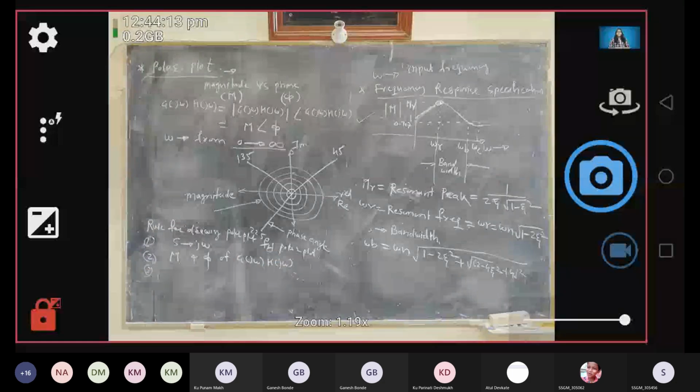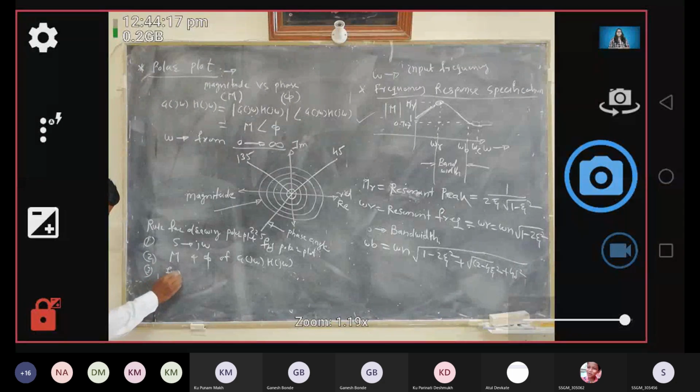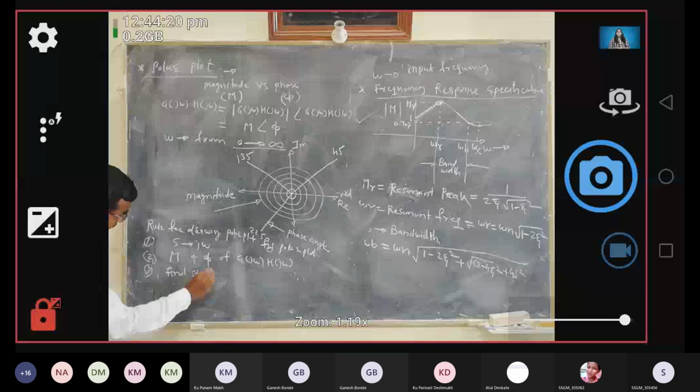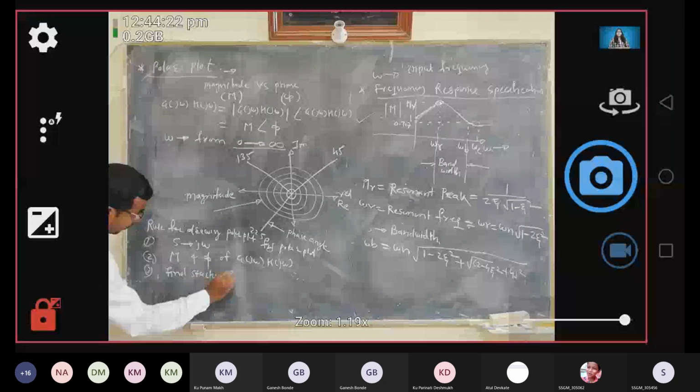Then third step, find the starting point. So from where your polar plot will be starting.